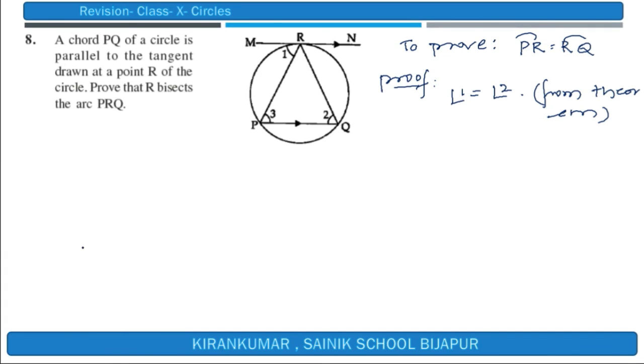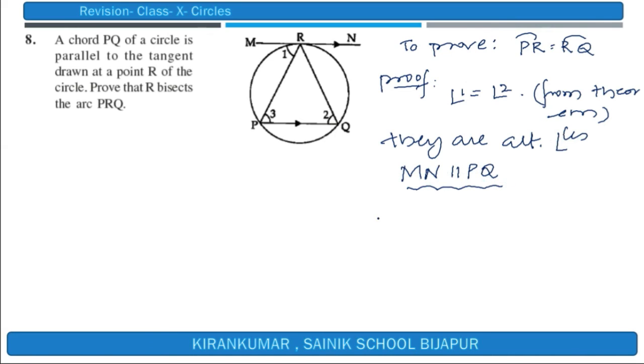Angle 1 and angle 2, they are alternate angles. So we have MN parallel to PQ. Since MN is parallel to PQ, angle 1 will be equal to angle 3. This implies that angle 2 will become equal to angle 3.